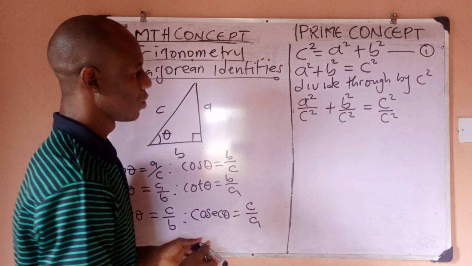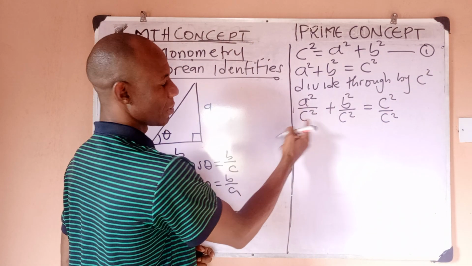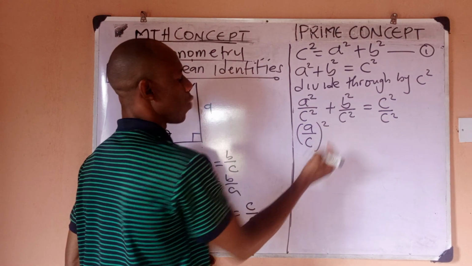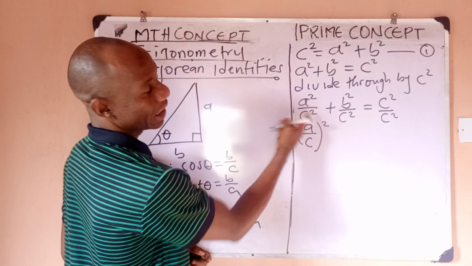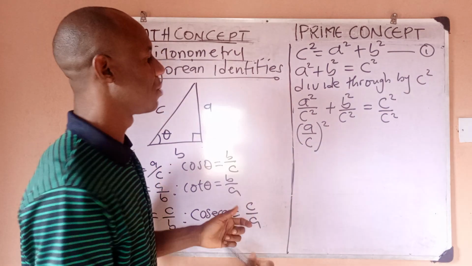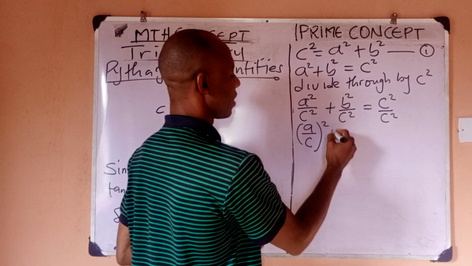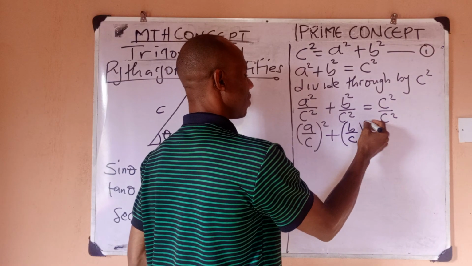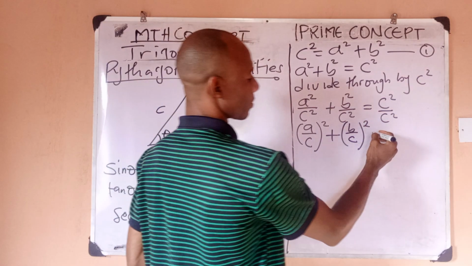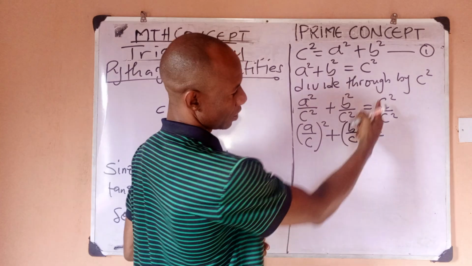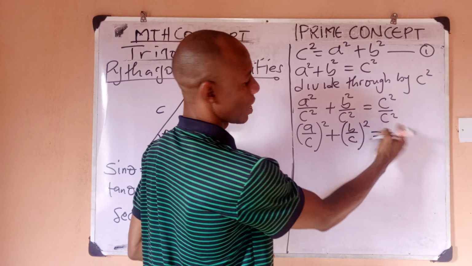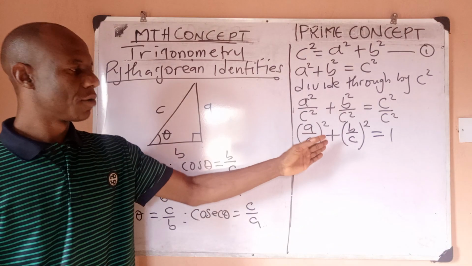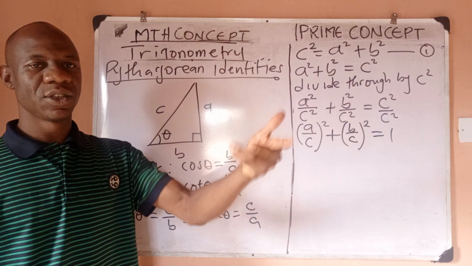This can be written as a over c all squared, because they have the square in common, according to what we learned from indices. Same way, plus b over c all squared, and equal to c² cancelling c², which gives us 1.